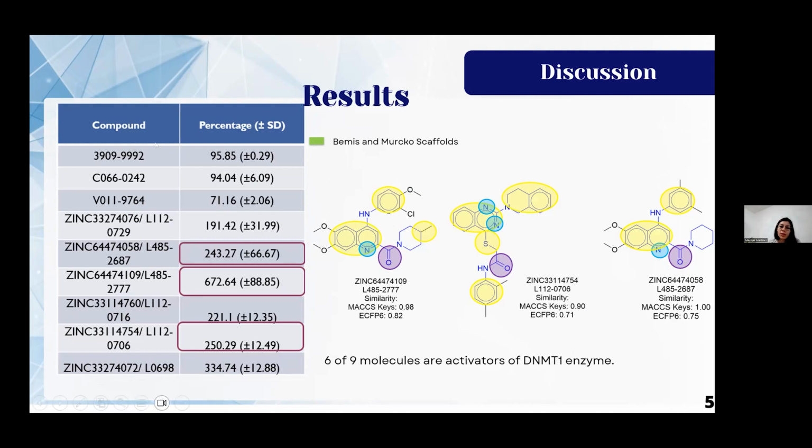And also these molecules share scaffolds with their queries, and not all of them exhibit all the pharmacophoric characteristics. In fact, the most potent molecule, this one, lacks 2 hydrophobic points.